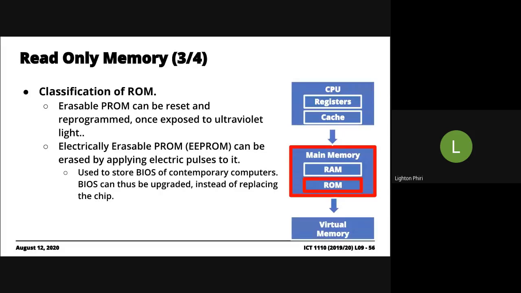Most modern day computer systems will typically be accompanied with erasable programmable ROM, making it possible for you to update the BIOS, for instance. Remember, when you're updating the BIOS, what you're doing is changing the program instructions on that particular memory component, meaning that it's technically not read-only per se, right? So you can change the contents of the memory component.